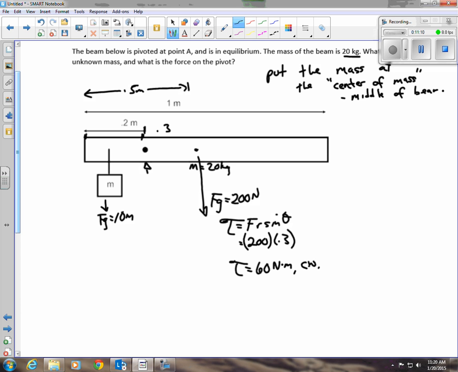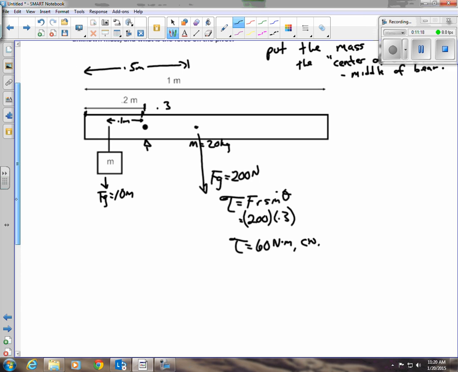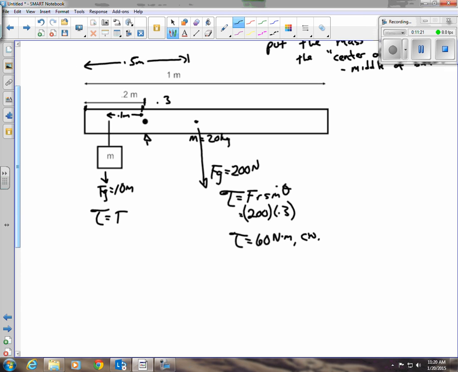Now, I left out a piece of information here. Over here, I can find torque is F r sine theta. Torque equals force is 10 M. The r is 1. So this is going to give me just that.